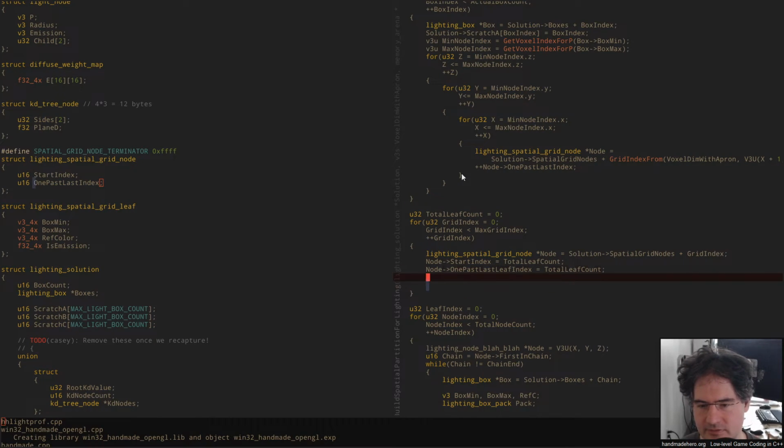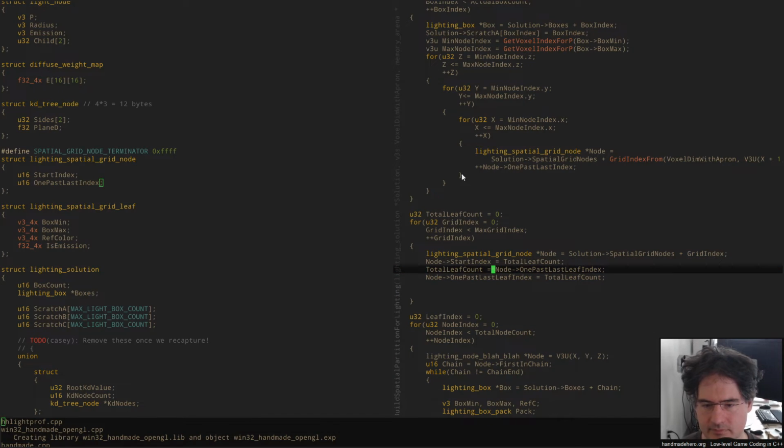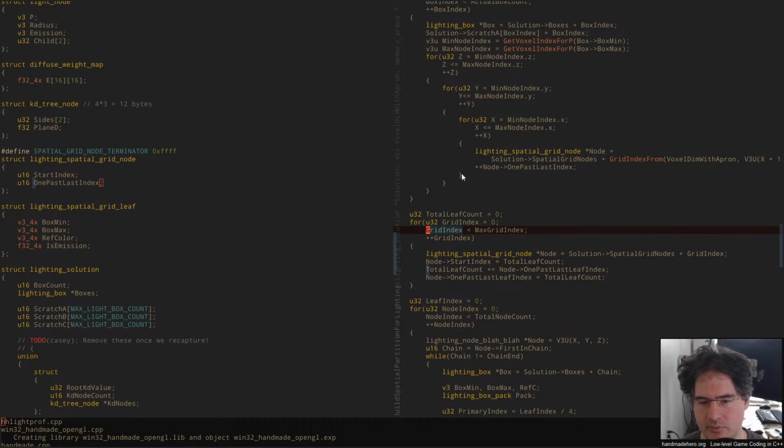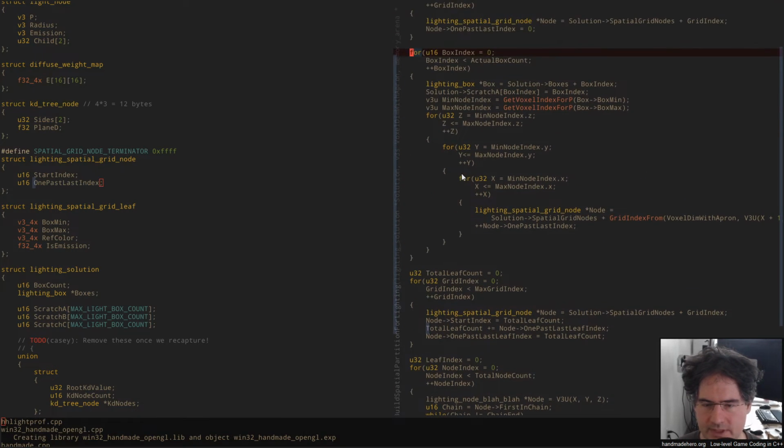You could even do this. So we effectively go through, we count once, and that's so that we can lay everything out in a tightly packed array. And when we're done doing all of that, we can then just do the exact same loop again.